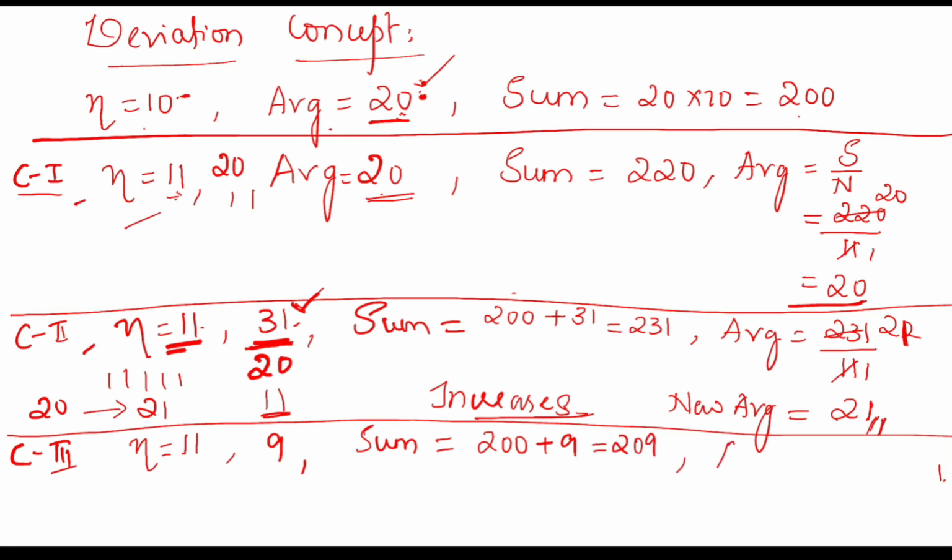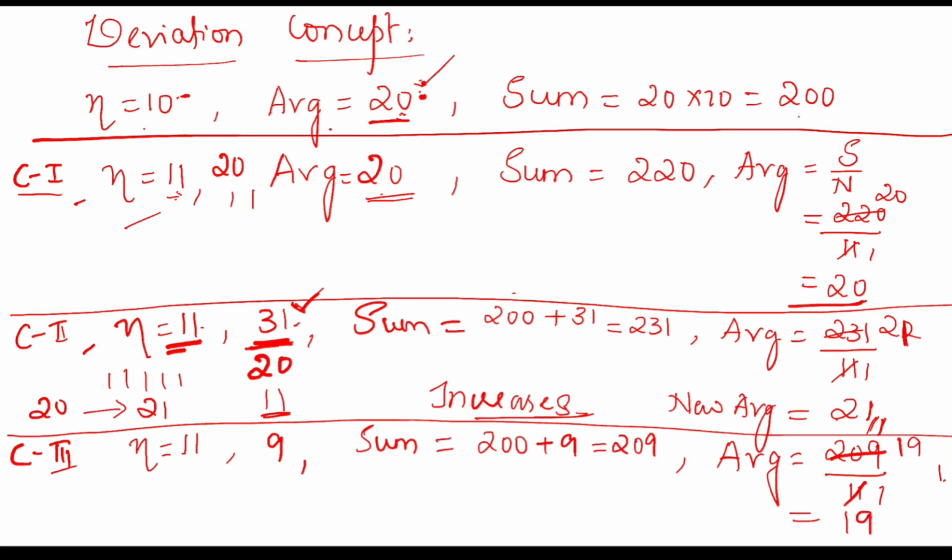So what will be the average? Average is sum upon number of children. So the sum is now 209, divided by the number of children, 11. So 11 ones are 11, and 11 nines are 99, so it is 19.